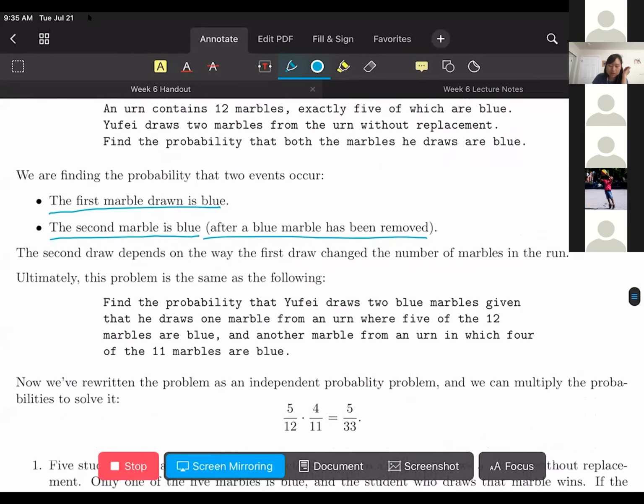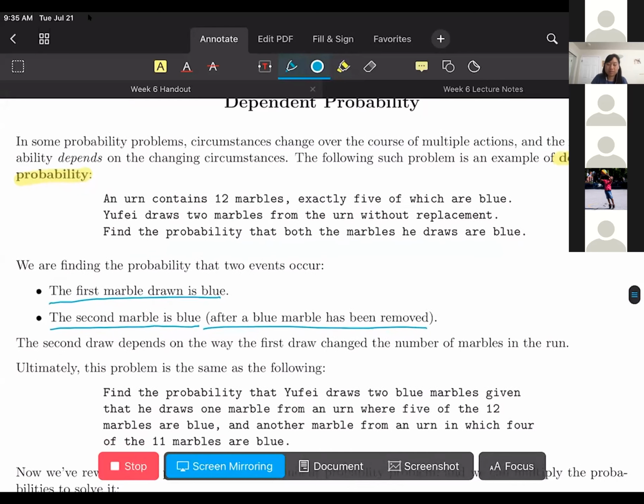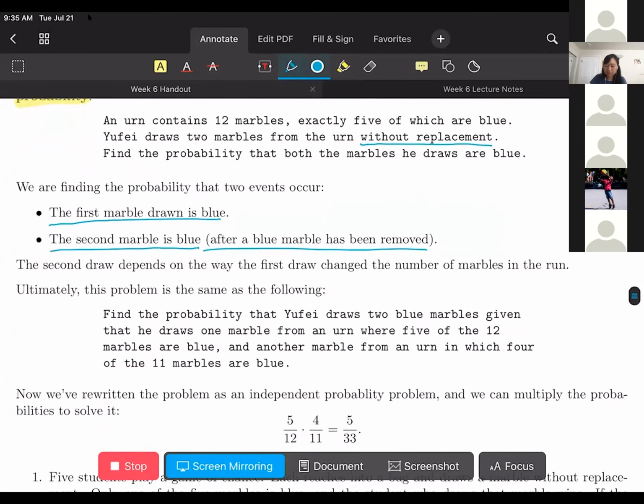We call this an example of dependent probability. In particular, this without replacement thing makes it dependent. If Yufei was drawing 2 marbles and he replaced the first, then those would be independent events, and instead of doing 5 12ths times 4 11ths, we would do 5 12ths times 5 12ths.